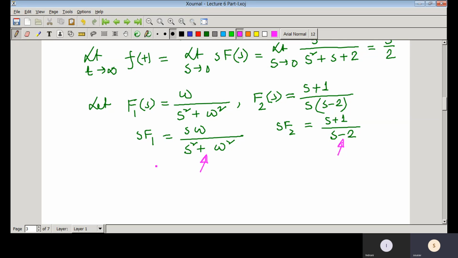So both the functions F1(s) and F2(s) are not analytic.